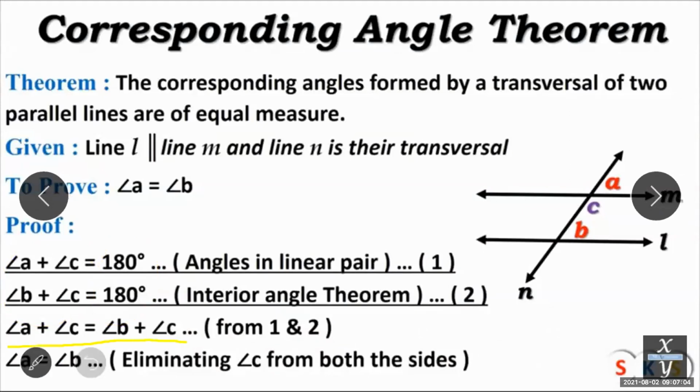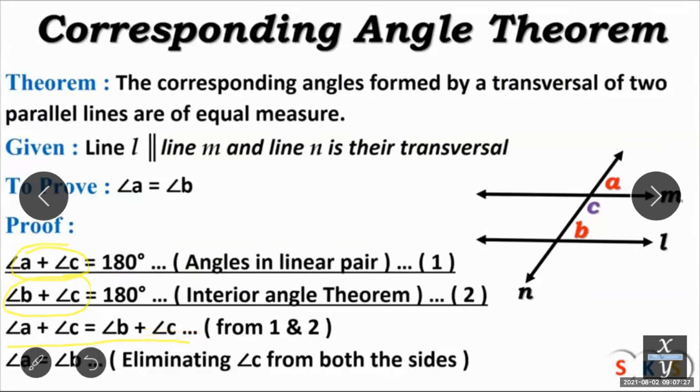See the step here. So A plus C here is the LHS of the first equation, and the second equation is angle B plus angle C.